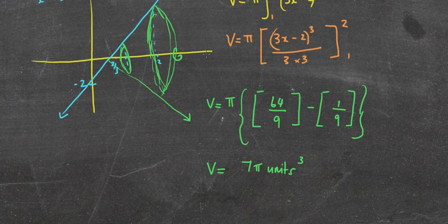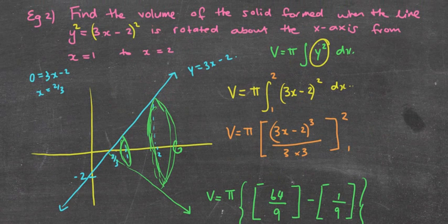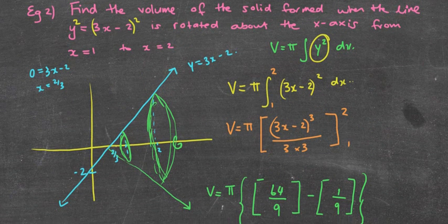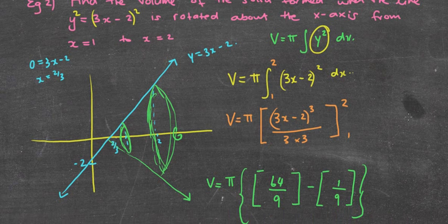Okay, so I'm just going to recap that question there. What we did with that question, we drew the line of y equals 3x minus 2. I showed that it rotated around the x-axis, hence why we had this other line going through here.